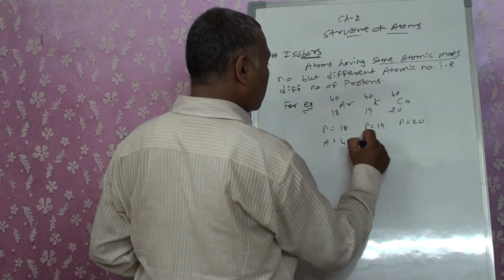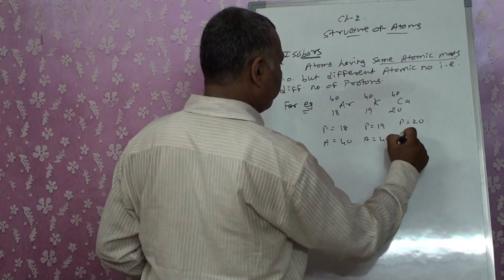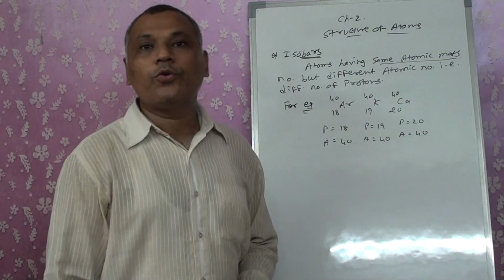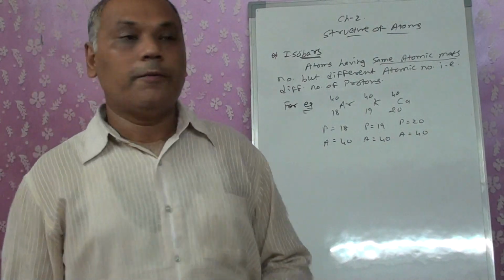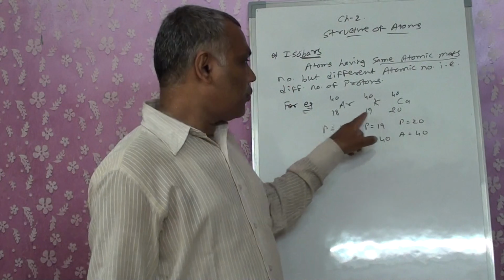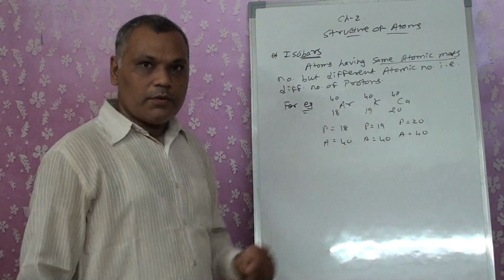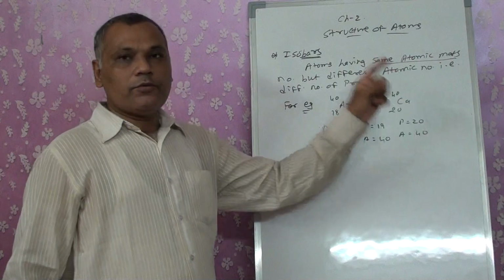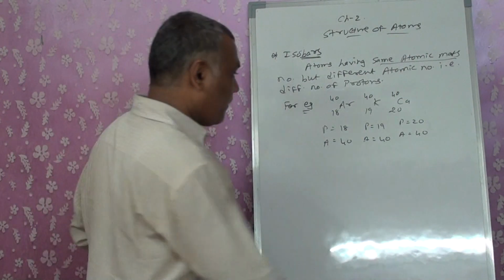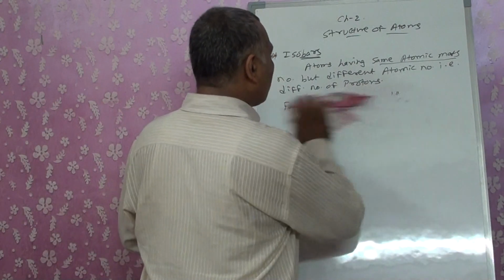Atomic mass number is the same, so they are considered isobars. Right? In isotopes, we got the same number of protons. In isobars, we get the same atomic mass. The third term is isotones.